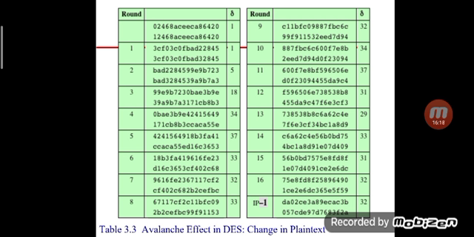In this table we represent the first plain text as 02468ACE ECA86420, and the second plain text is 12468ACE ECA86420.